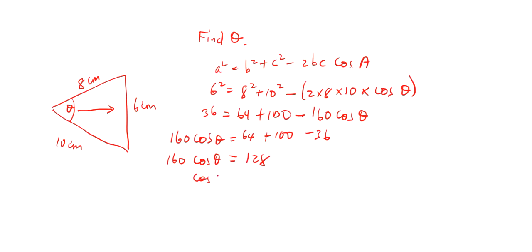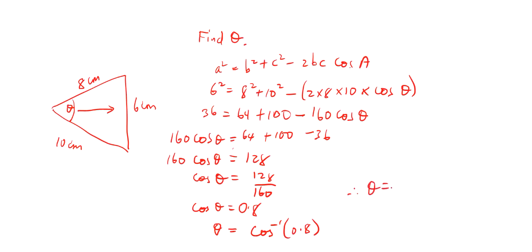Therefore cos theta is equal to 128 over 160. Therefore cos theta is equal to, divided by 160, that gives me 0.8. Therefore theta is equal to cos inverse of 0.8, which gives me 36.9 degrees.